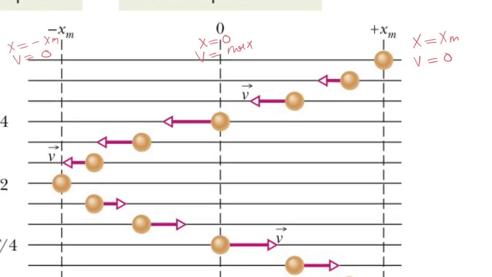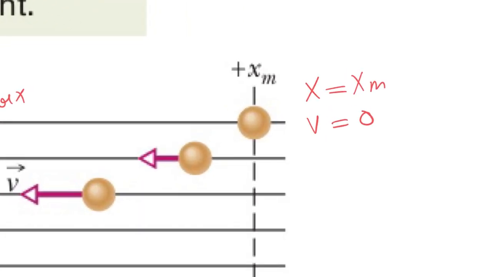Okay, what about the acceleration? The acceleration has a value but is negative relative to the position. For example, at this point the acceleration is maximum but with a minus sign. Why?